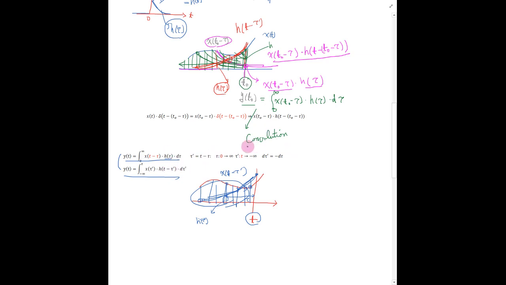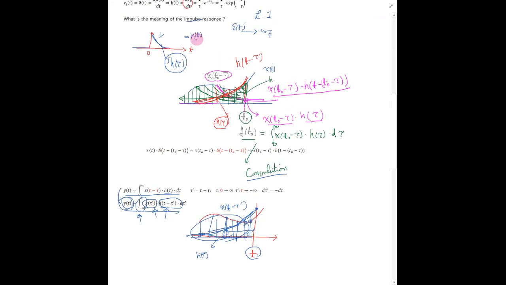The convolution operation uses the past history, meaning all the past inputs that have already been applied, not the future ones. All the past history is weighted and summed to give the output. So convolution is this one. The weighting factor is the impulse response.